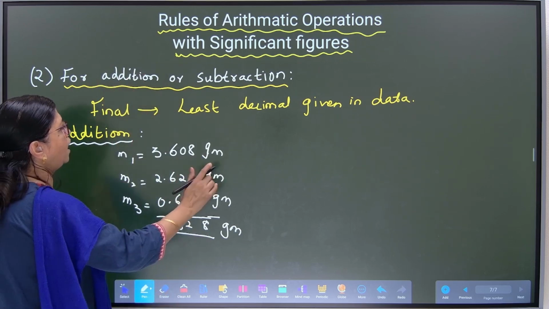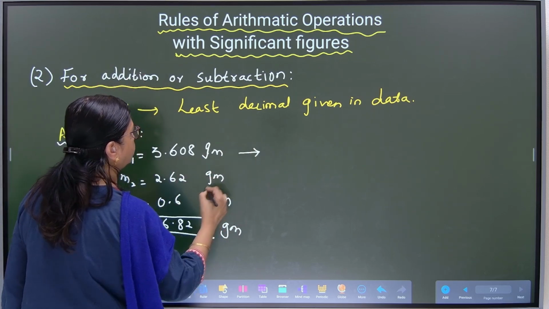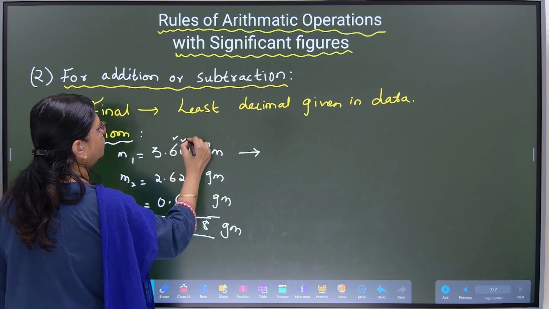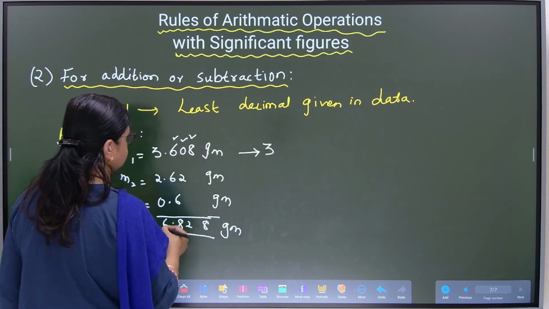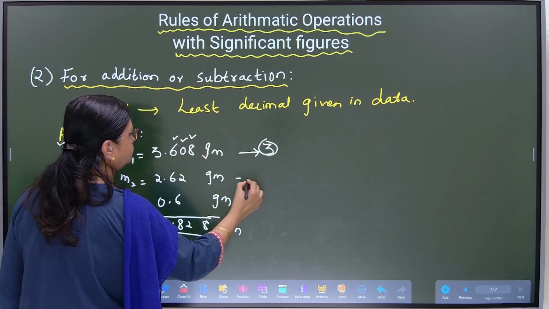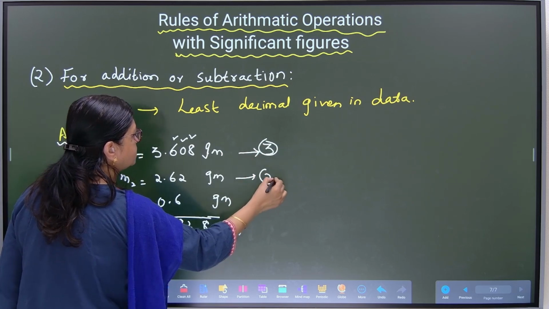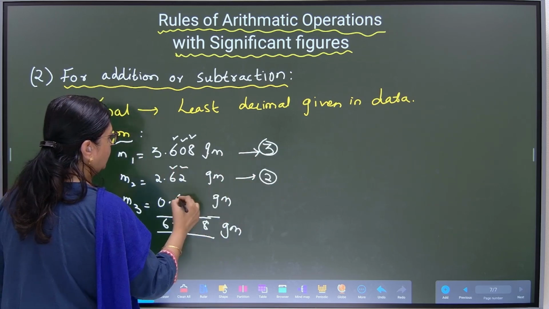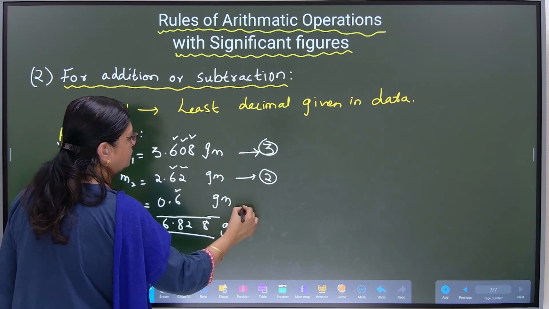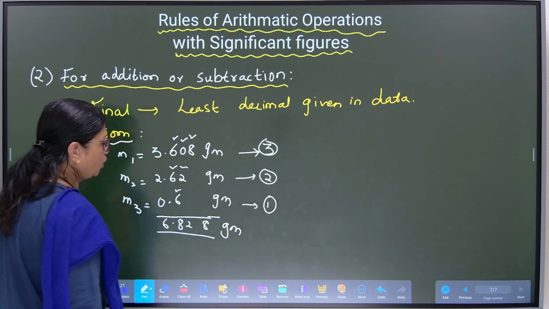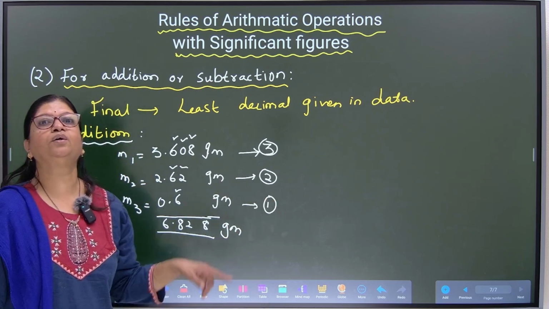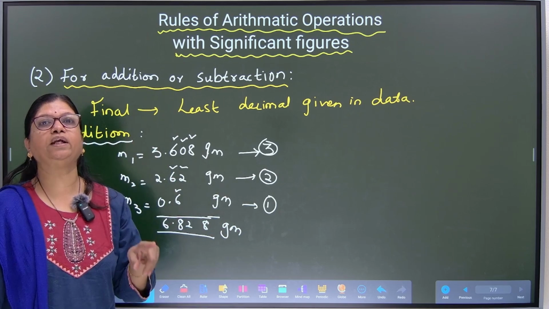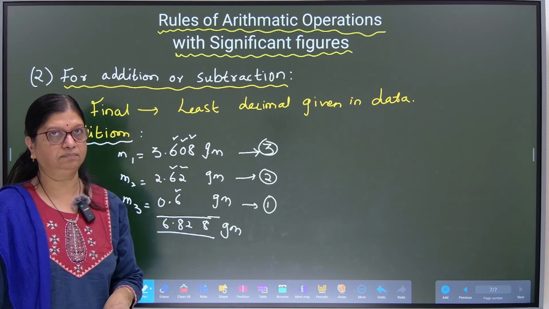So let us see how many decimals this number has. 3: 1, 2, 3. 3 decimals. This has 2 decimals: 1, 2. And this has 1 decimal. So our final answer also should have only 1 decimal.